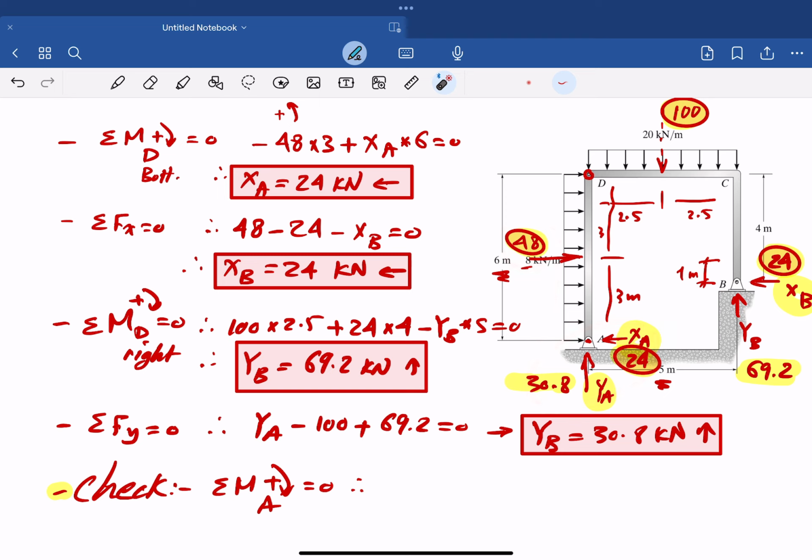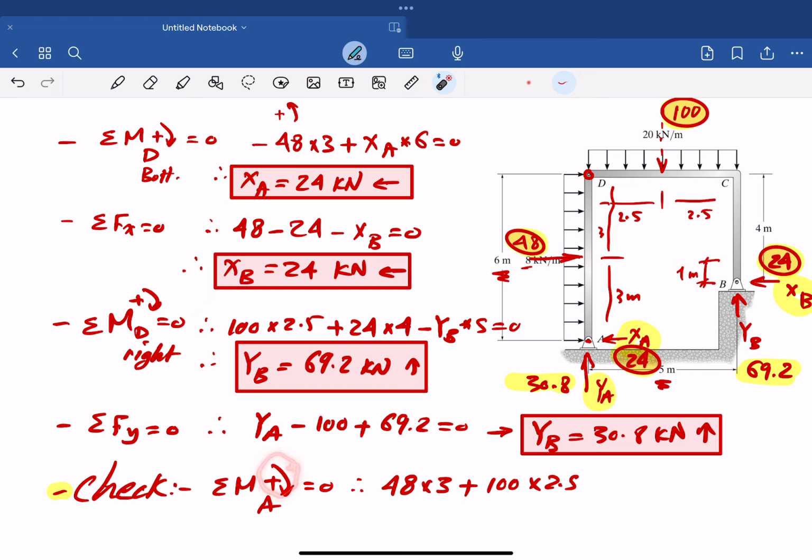Okay, let's do that. So 48 times 3 plus 100 times 2.5. Now this force, 48, 24, and 69 are working counterclockwise, so it is opposite to what we assumed here.